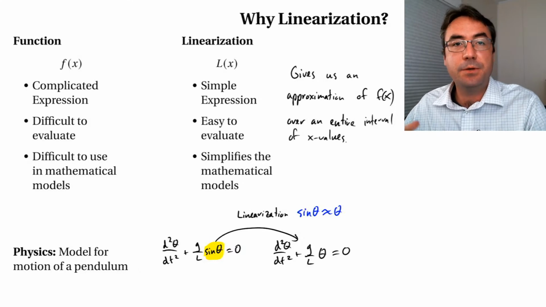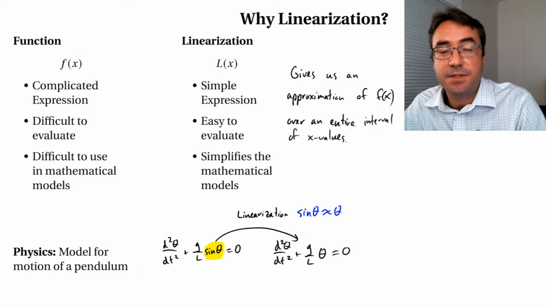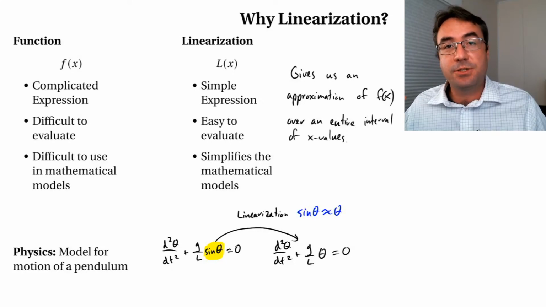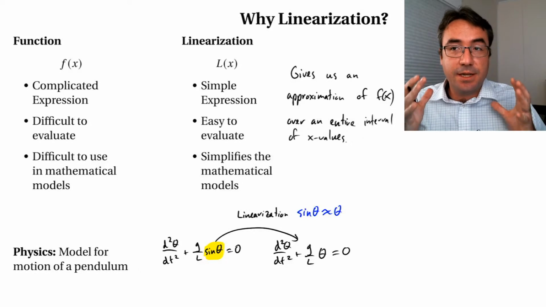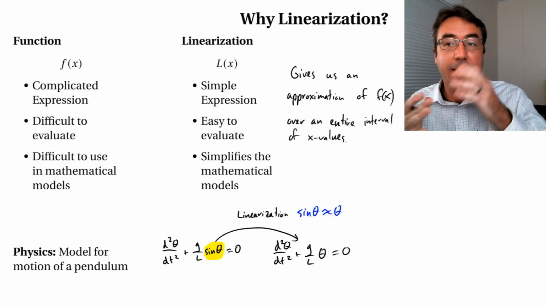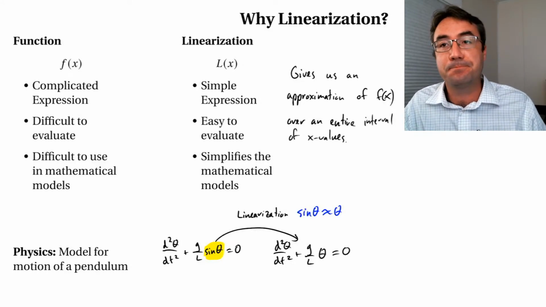So not only are we using a linearization to just plug in values and approximate at a decimal, it actually gives us an approximation of the entire function on a range of x values over an entire interval there.